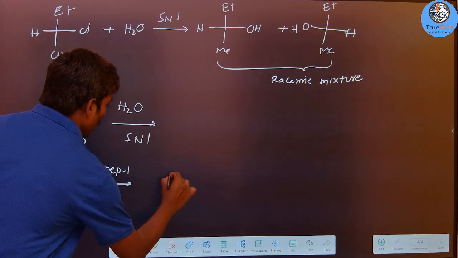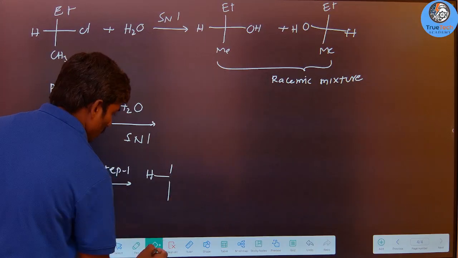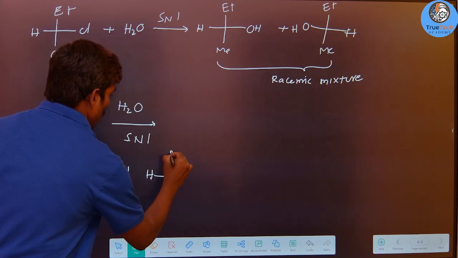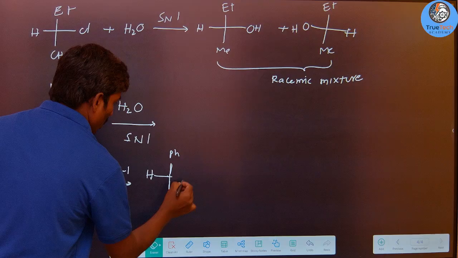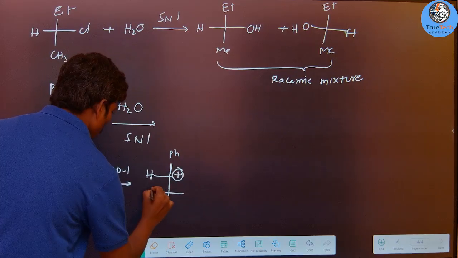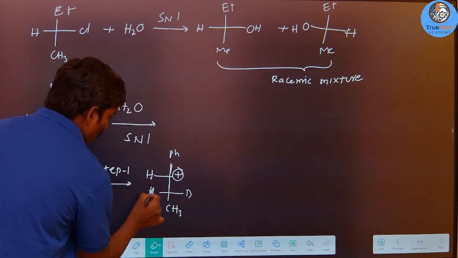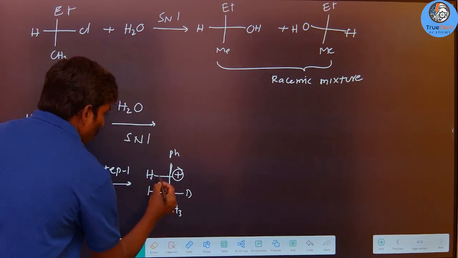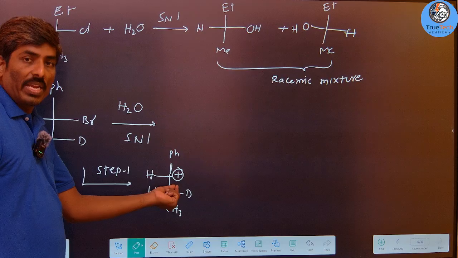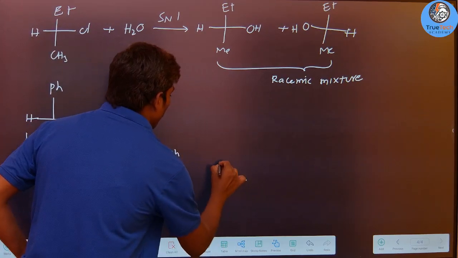So in step one, the carbon halogen bond is broken and then carbocation is formed.